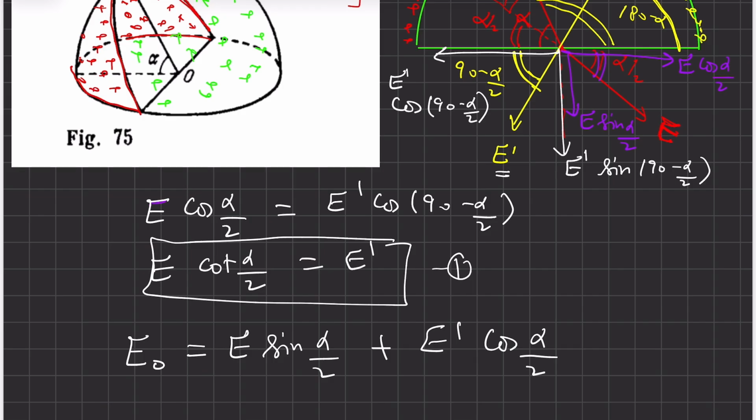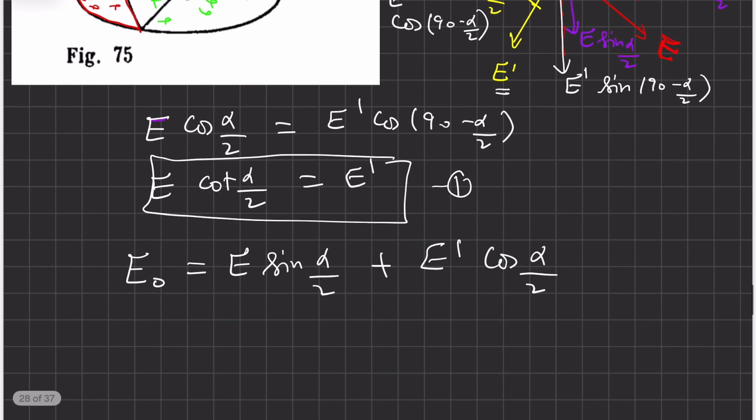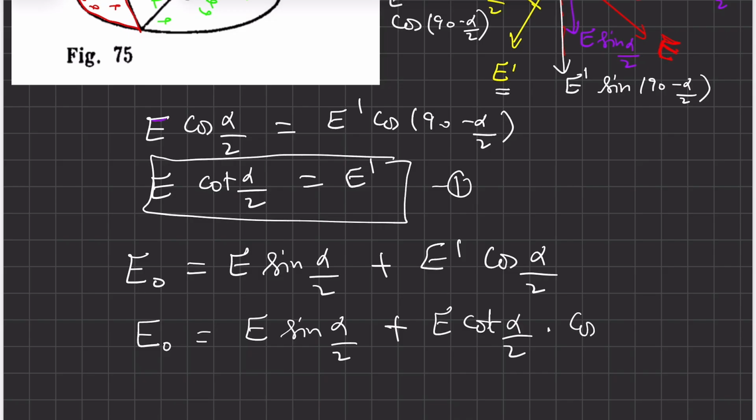Now if I drop the E dash value from here, I can get E very simply. So E naught will be E sin alpha by 2 plus E dash, sorry, I have to replace this. So E dash will be E cot alpha by 2 into cos alpha by 2.